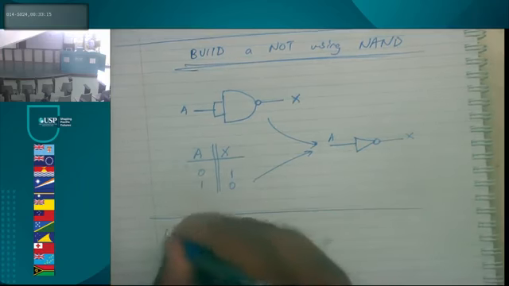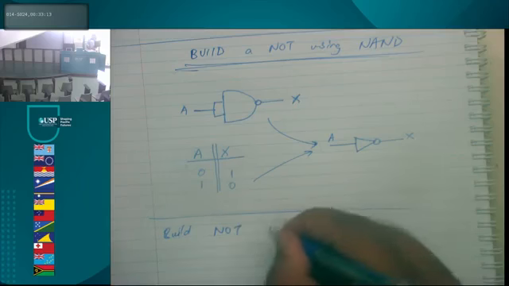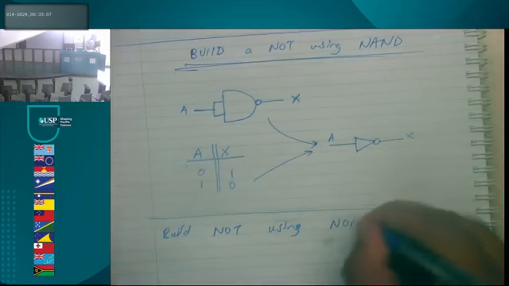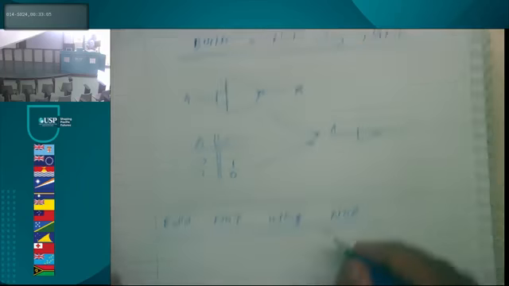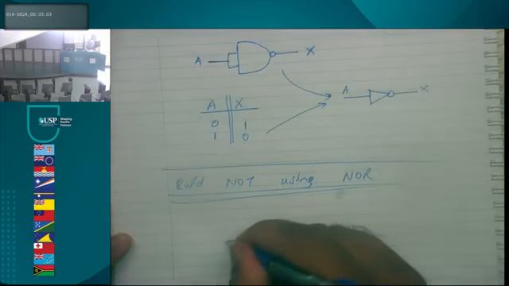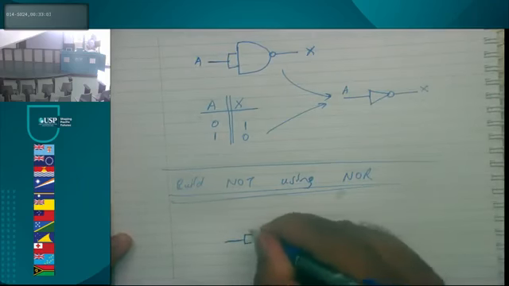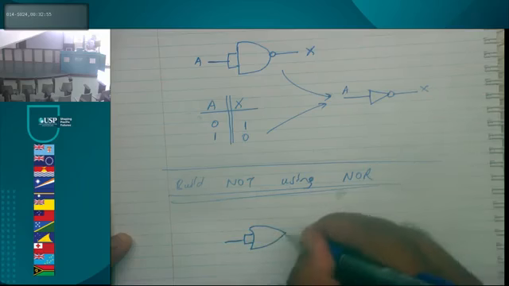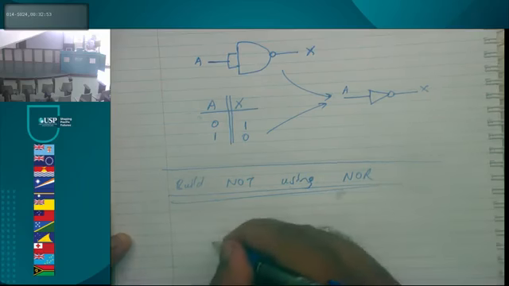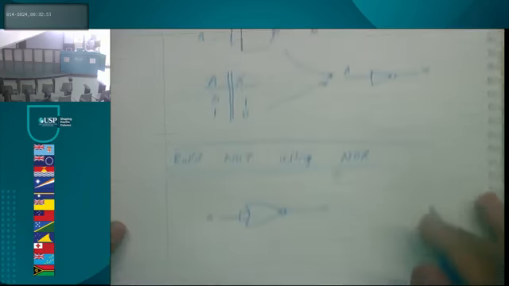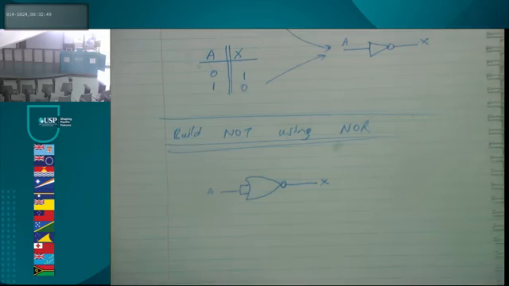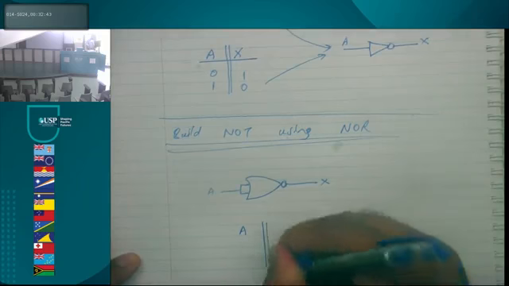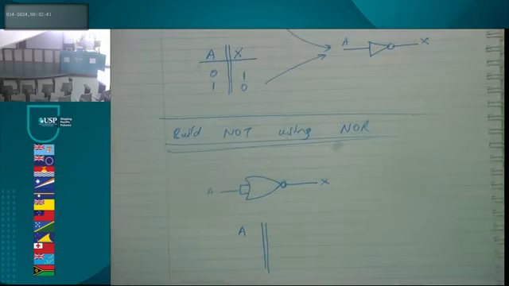We want to build NOT using NOR. What do you have? A NOR A. 0 NOR 0.